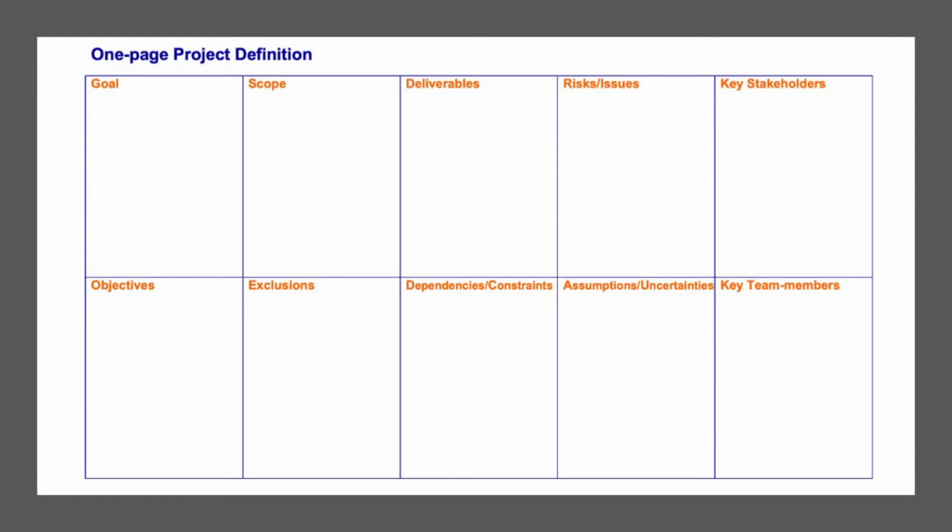And what I'm going to do is work our way through that so that you can see how we might use this template for a project definition. The 10 items in there are not the only things you might want to include in a project definition, and you might not need all of them, but they are, I would argue, the 10 most commonly used and therefore most important of them.